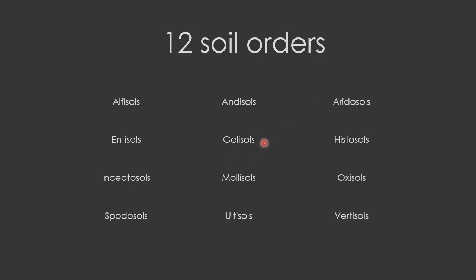This type of soil is found in regions where there is ice, so the freezing of ice is common in the area. So basically this is located in highly elevated environments.